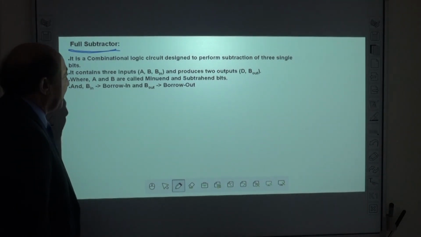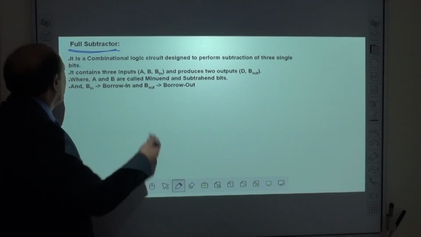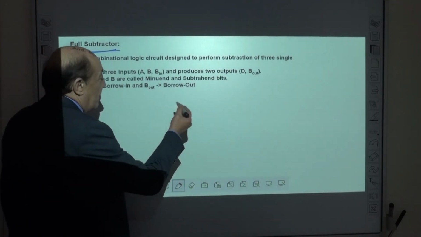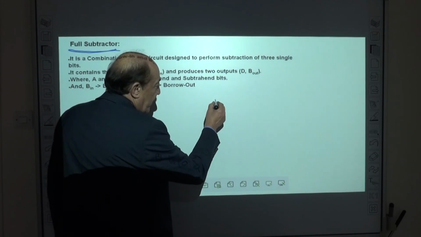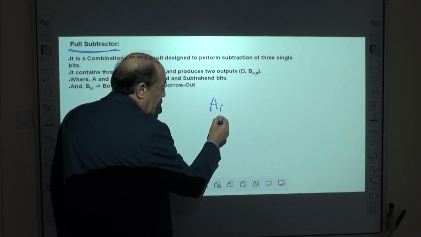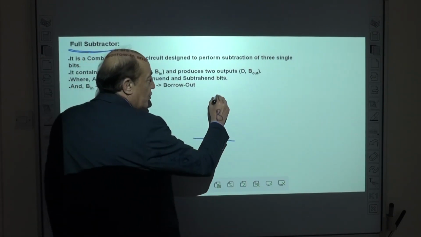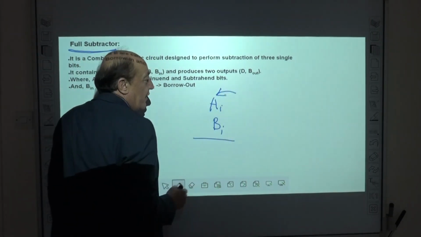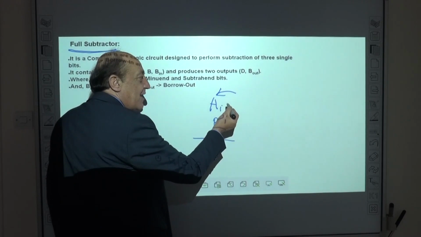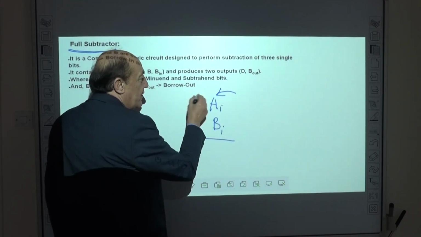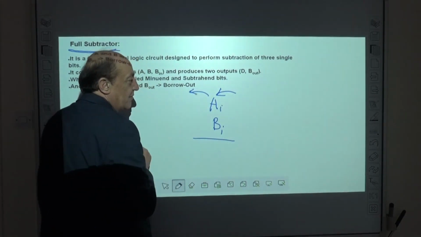However, it's not bad to get an idea what the full subtractor is. We are subtracting, this is a stage. We have to consider if there was a borrow from this stage and if we need to borrow from the next stage.